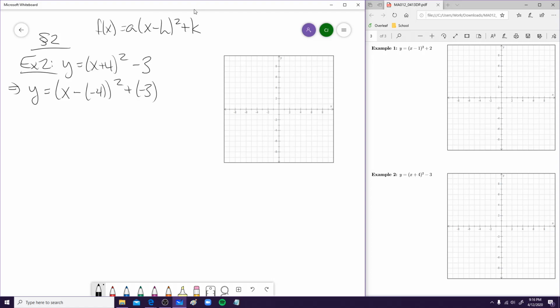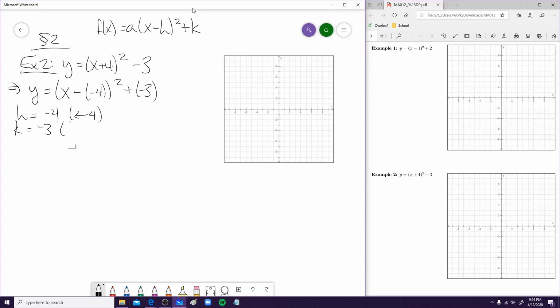So now that it looks like the form of this, now we can easily tell what is h. h is -4, k is -3. So what does that mean? That means since h is -4, it's going to go to the left 4 units. K is going to go down, so k we said was -3.